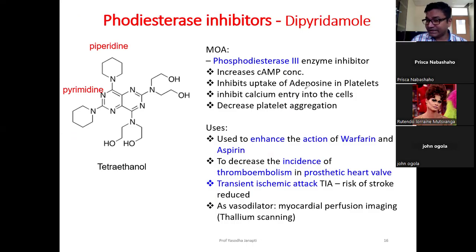So it inhibits calcium entry into the cell and decreases platelet aggregation. This is dipyridamole, one drug. Let me show you: this is one pyridine molecule, and this is one more pyridine molecule. That's why it is dipyridamole, acting by inhibiting the phosphodiesterase 3 enzyme.